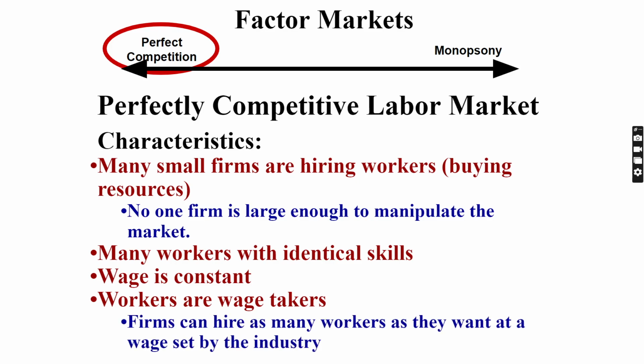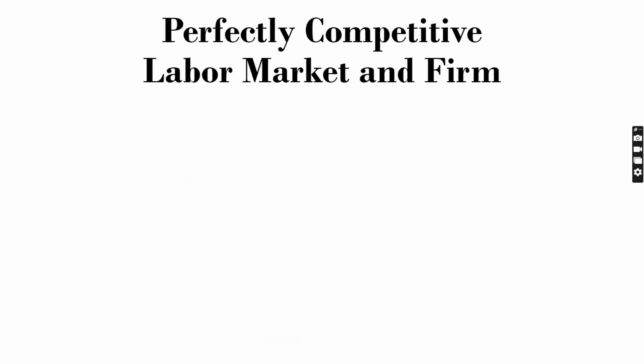And so this means that firms can hire as many workers as they want at the wage set by the industry. And that might be a little confusing for you, but microeconomists will still refer to markets for resources like labor or land or capital as industries in and of themselves. So you'll see that as well.